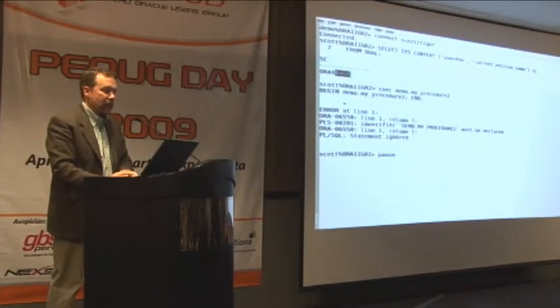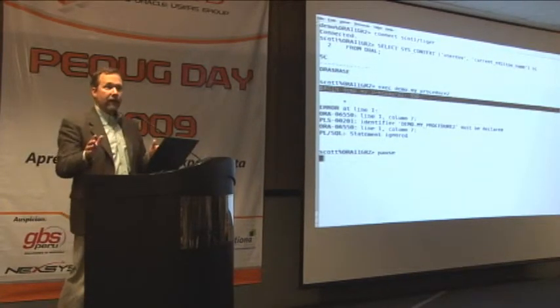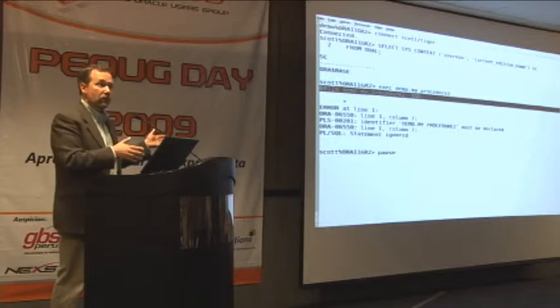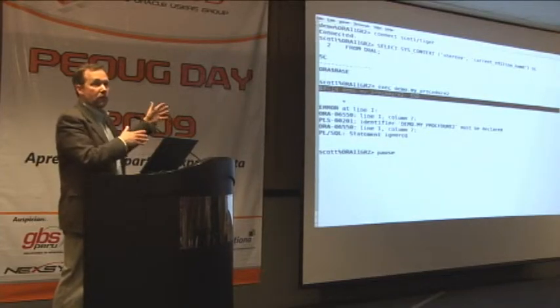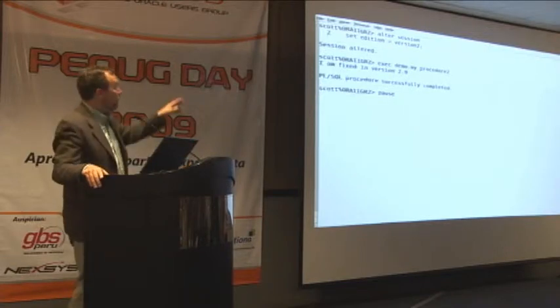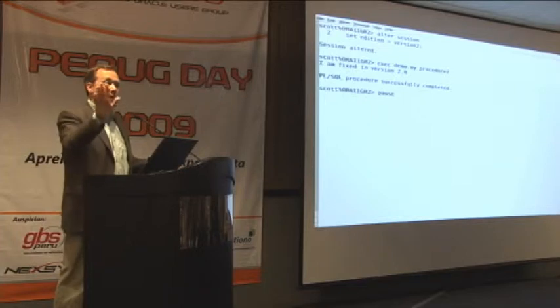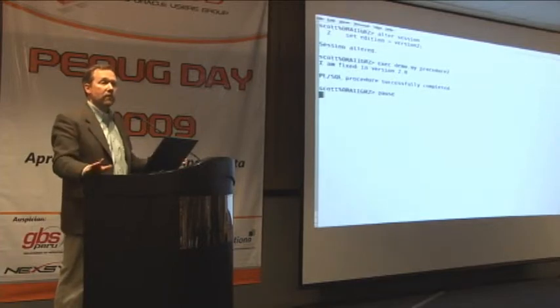It's in ORA$BASE by default. It tries to execute my procedure 2, and that fails. It fails because in version 1, he didn't have the grant to run that. But if he changes his session to be in version 2, all of a sudden he can execute that. So you can use this to test out and make sure that all the changes took place, everything's correct.